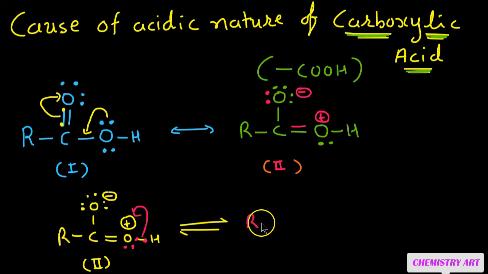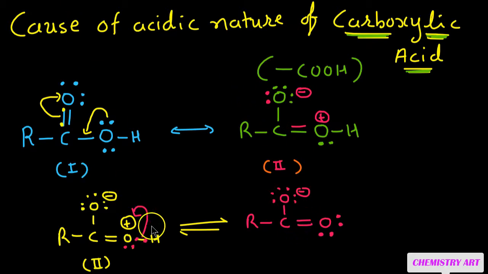It is R, C, with a double bond, and with the double bond the oxygen has 2 lone pairs of electrons. Here the oxygen is bonded by a single bond and has 1, 2, 3, 4, 5, 6 electrons, meaning 3 lone pairs of electrons, and this is called the carboxylate ion.